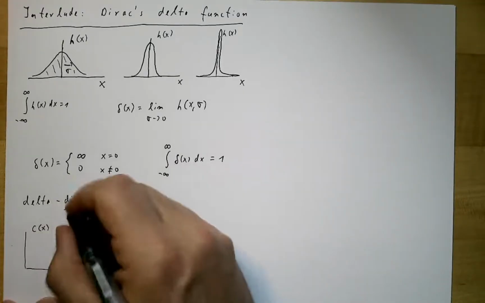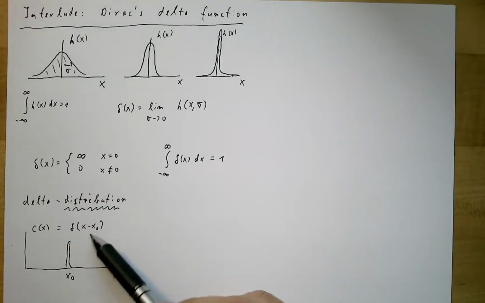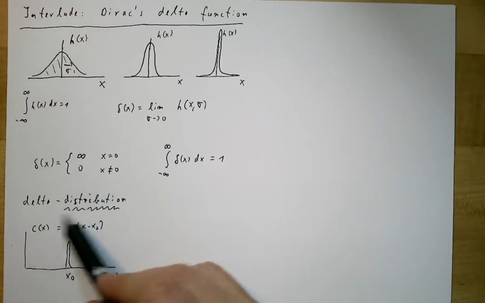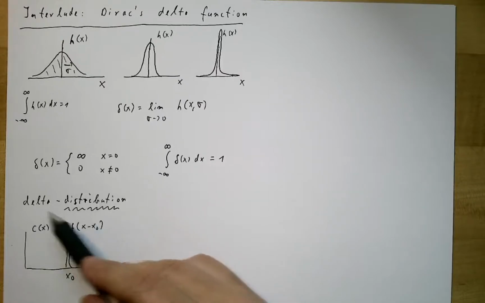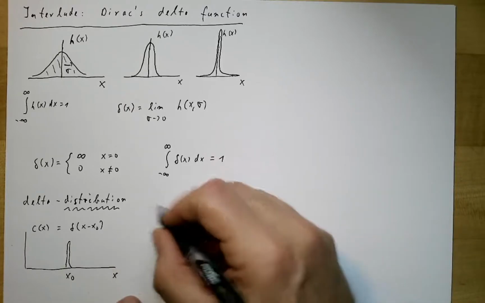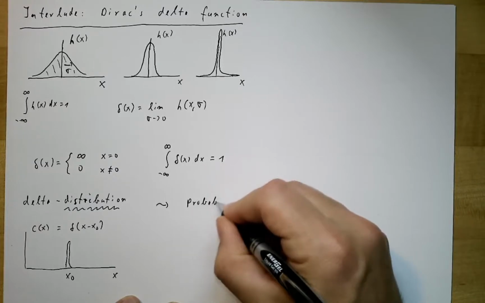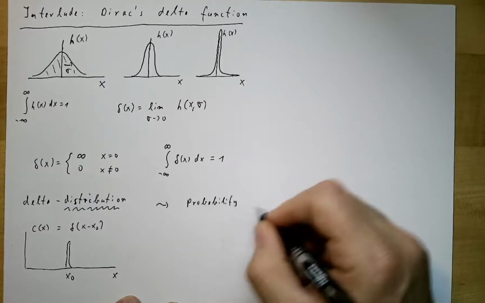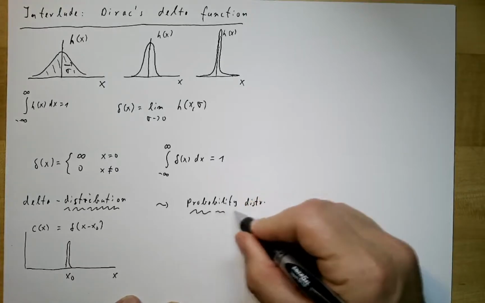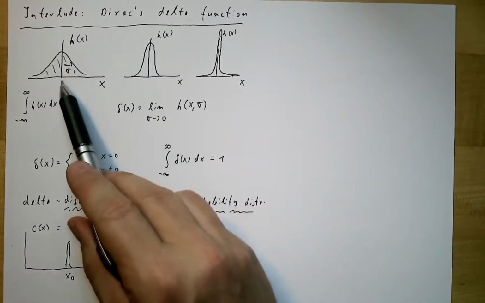And here you can see this distribution. Since the function is normalized like a distribution, we can also understand this delta distribution as a probability distribution, and it describes a random variable which is localized at x equals 0.